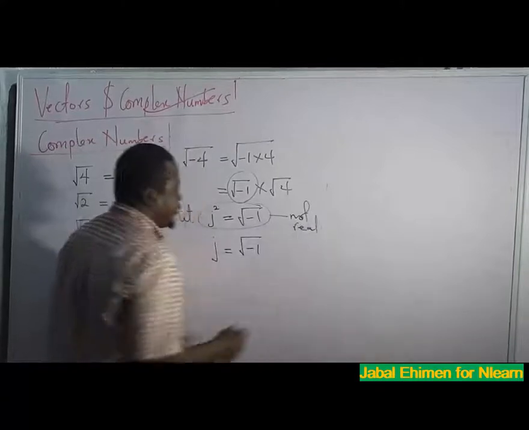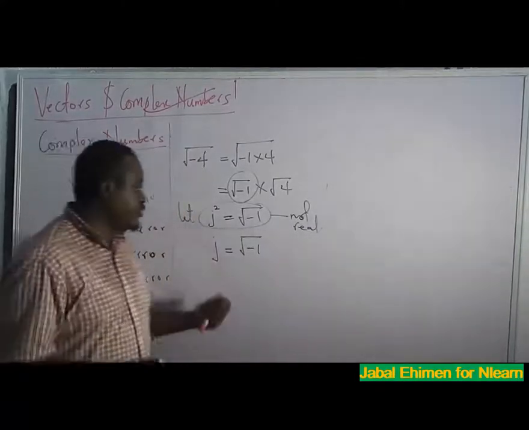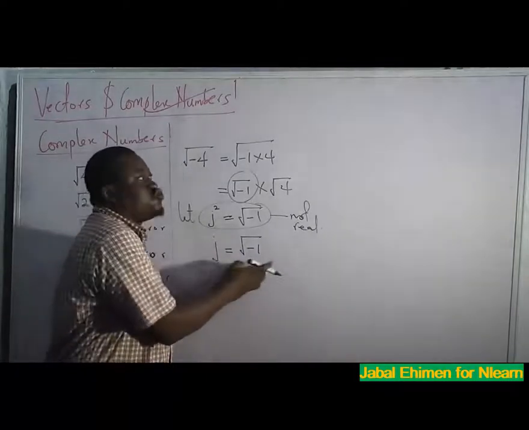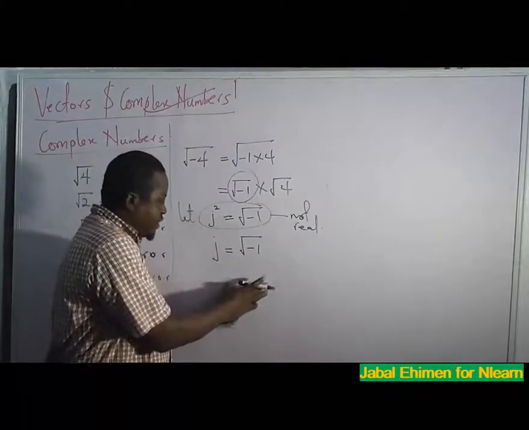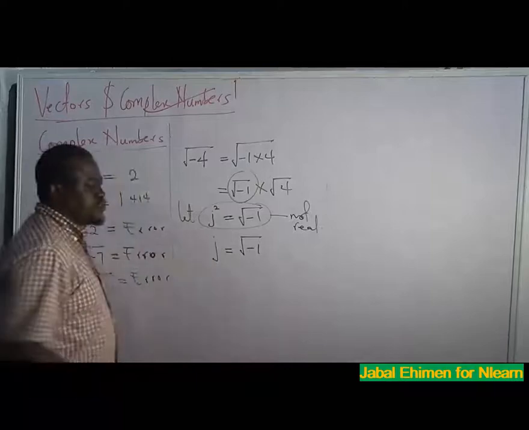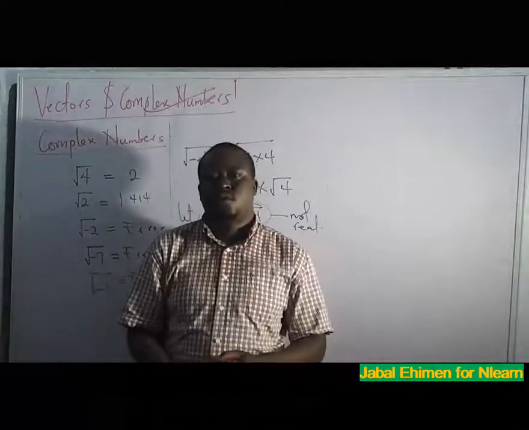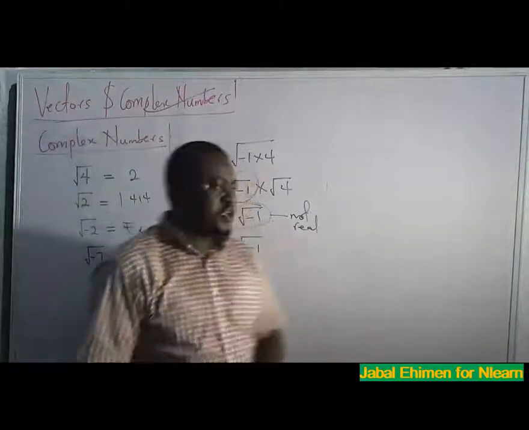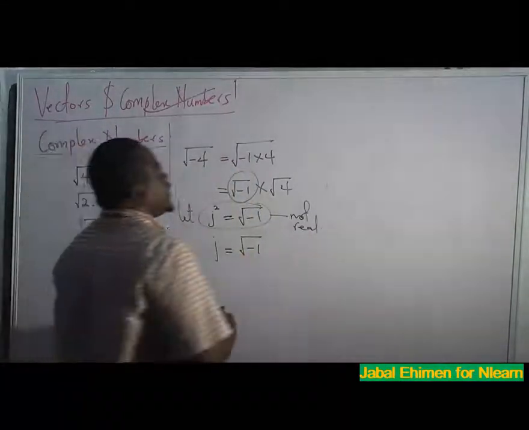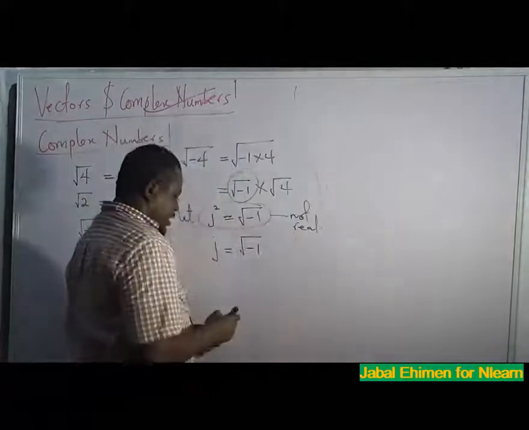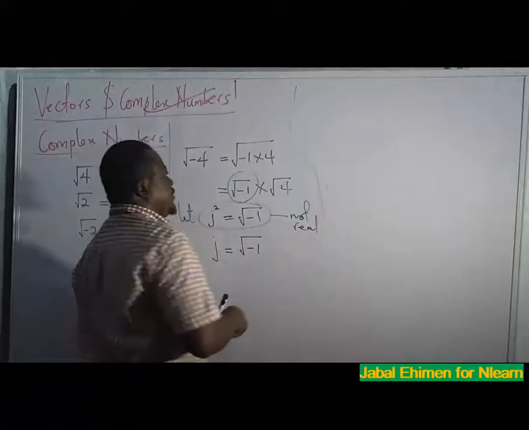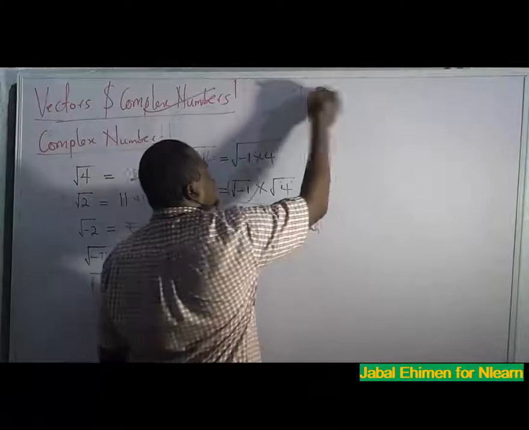And I don't like things that are not real. So j is equals to square root of minus 1. If j is square root of minus 1, wherever I see root of minus 1, I can represent it with j.